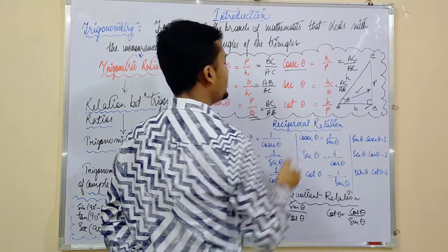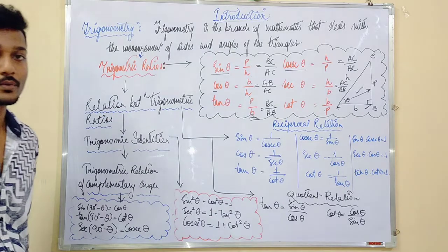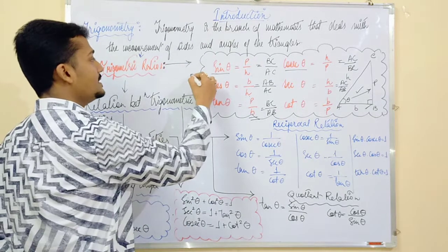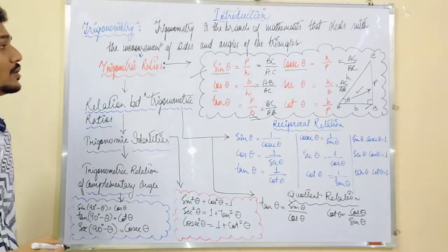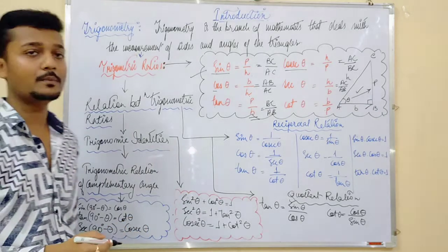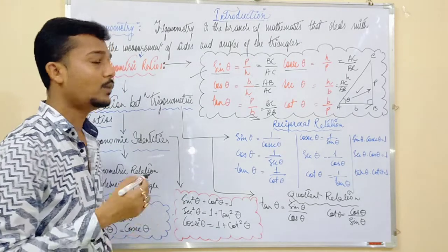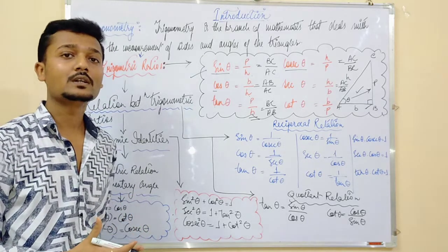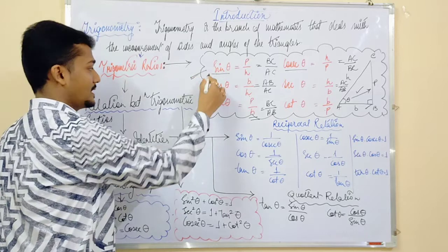What will be the reciprocal? AB by BC. Will you be able to do it? These are the trigonometric ratios which you need to remember very importantly, to do the various problems related to this concept.